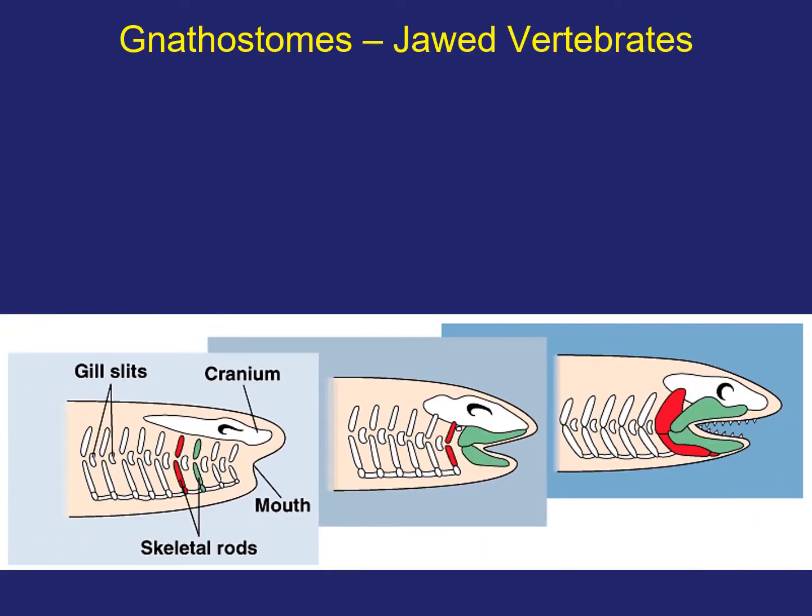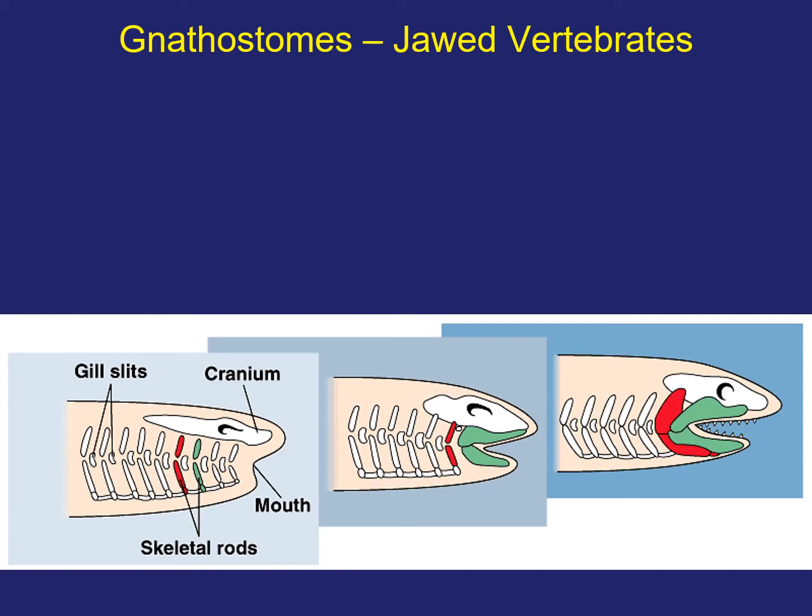This is how it's thought that the first true jaws evolved. So at the left there, we've got an animal that has a cranium, so it's a craniate, but it does not have jaws. Instead, we've got these pharyngeal structures, found within the pharynx, found within the throat, that are supported by cartilage.